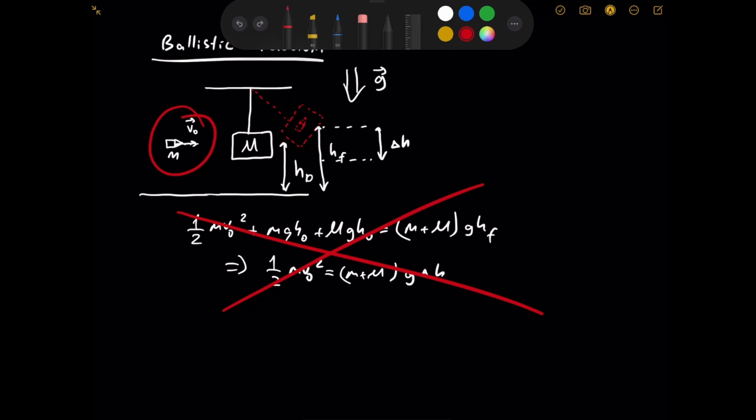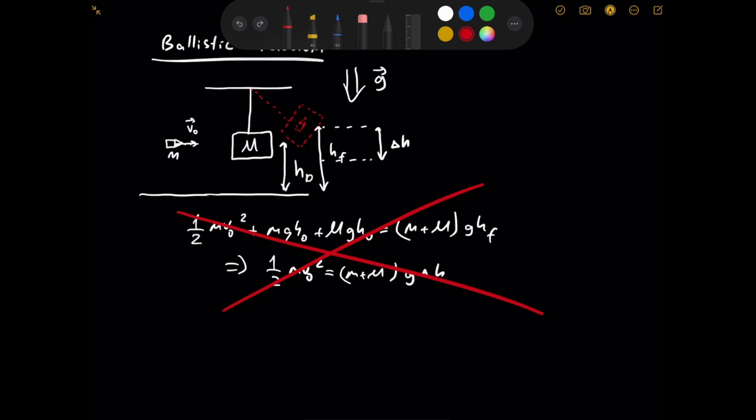And since the bullet is staying inside the pendulum, inside the other mass, this is called a totally inelastic collision. And in a totally inelastic collision, the kinetic energy before the collision is not equal to the kinetic energy after the collision. And the potential energy doesn't change during the collision.